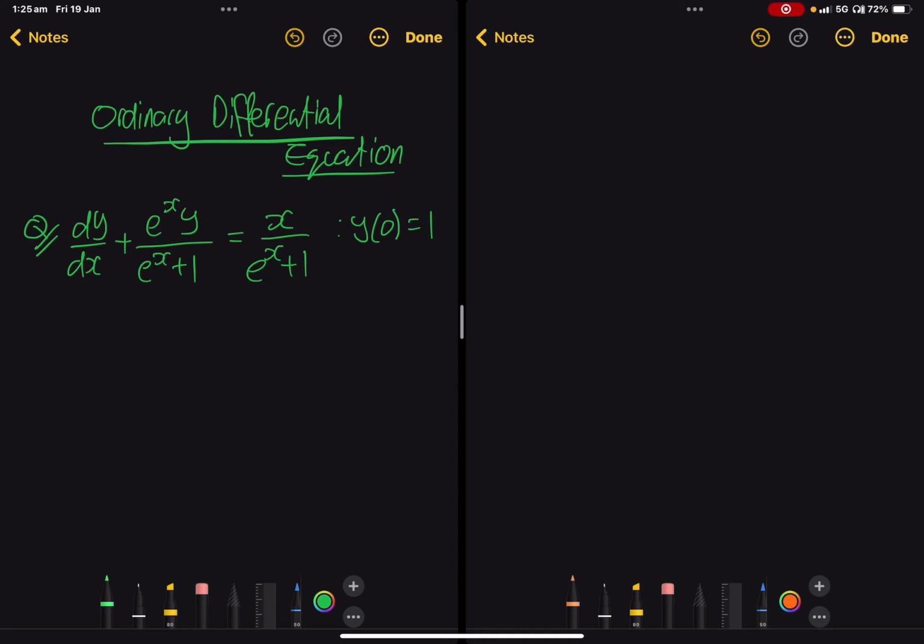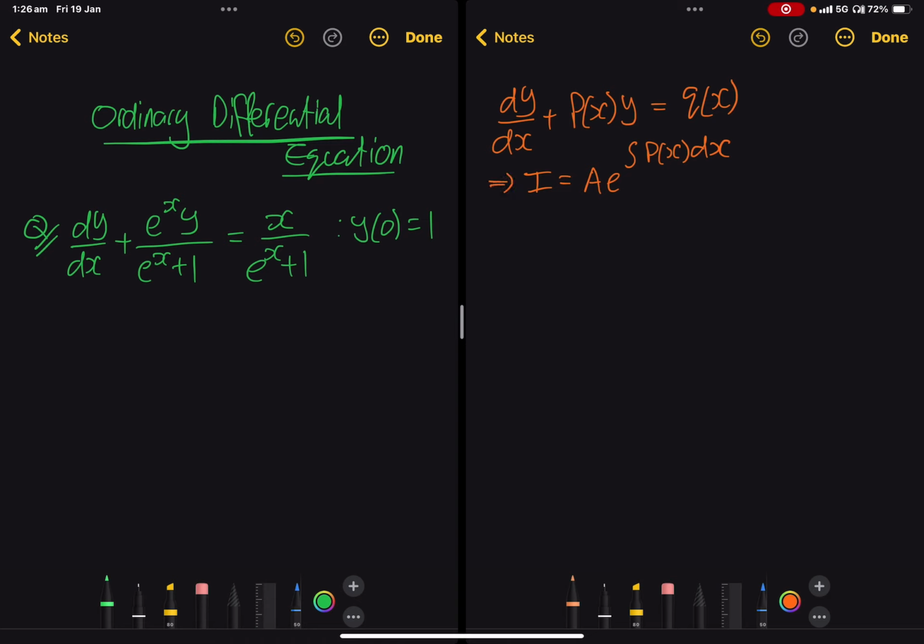So this is exactly of the form we need to do integrating factors. Our integrating factors work for a first order DE of the form dy dx plus p of x times y is equal to q of x. We know the integrating factor is some constant a times e, where e has the power, the integral of p of x dx.